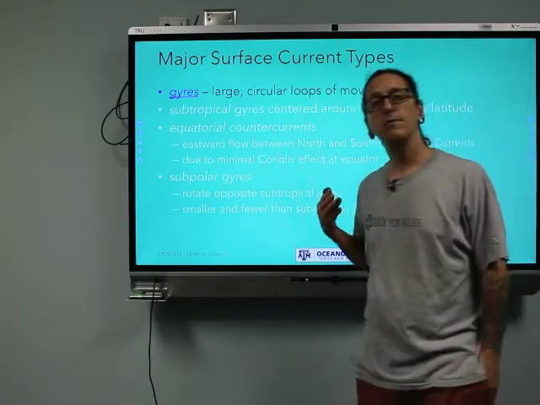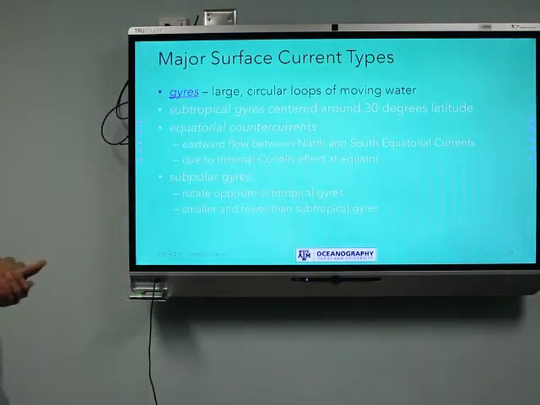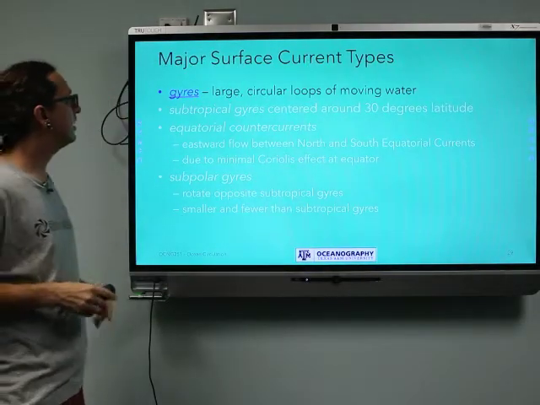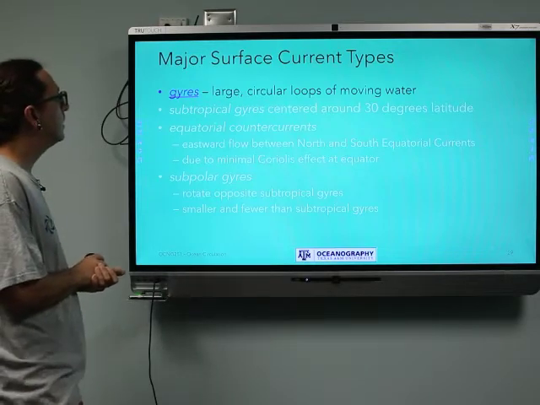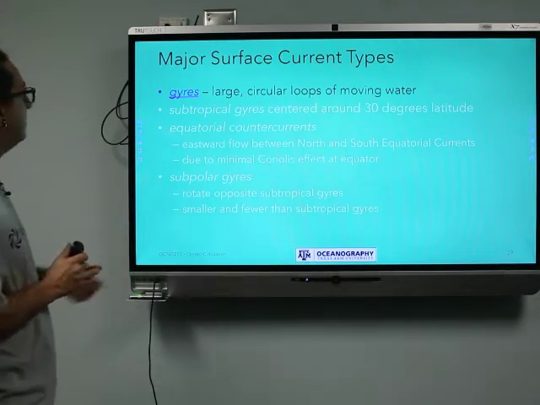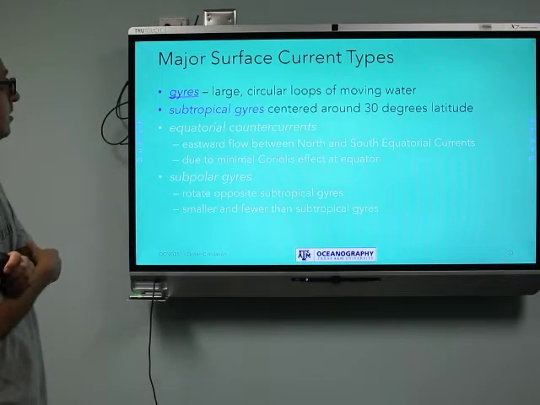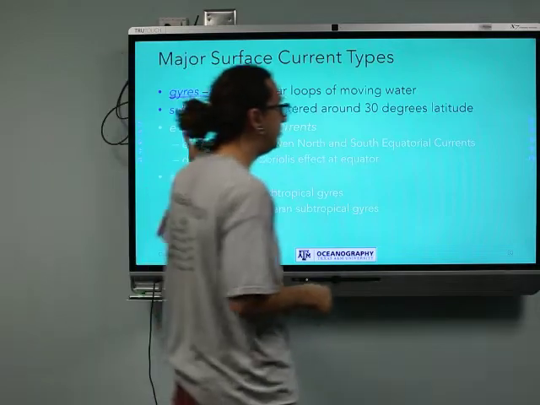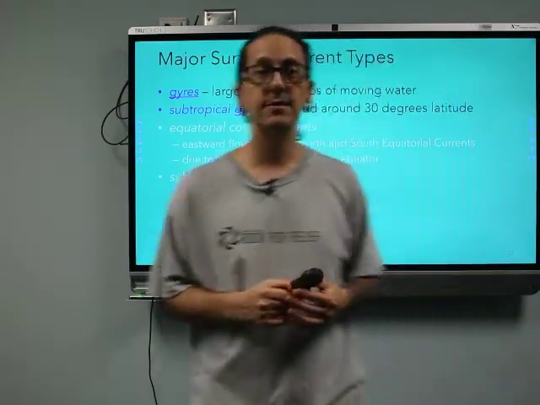There are 4 different types, broadly, of surface currents. One is gyres, large circular loops of moving water. These can be anywhere. Specifically, subtropical gyres are centered around 30 degrees of latitude. There are 5 of them, and they're really big and really important.